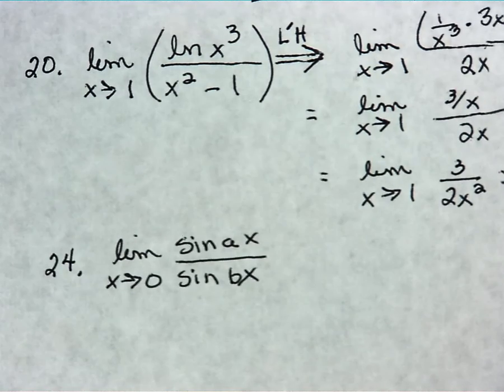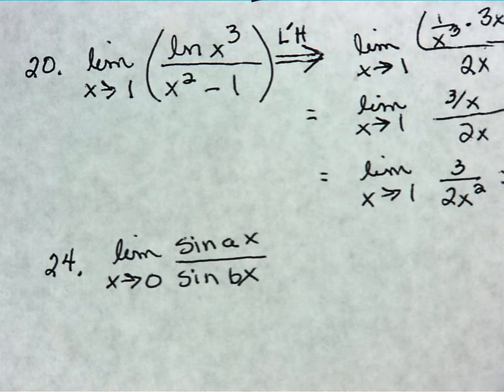That's interesting because we don't know what A and B are. But they're constants, we just don't know them. Are sine of AX and sine of BX differentiable as x gets close to 0?